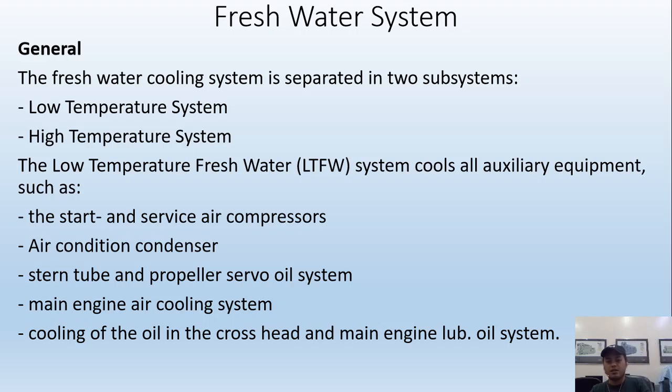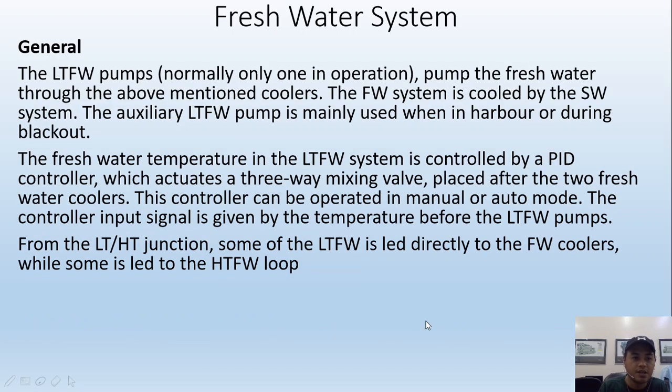In our engine lube oil, we don't need to cool on a high temperature, because we're using the lube oil at around 45 degrees only, so we use the low temperature freshwater system. Normally only one low temperature freshwater pump is in operation, pumping the freshwater to the above mentioned coolers. The freshwater system is cooled by the seawater system.